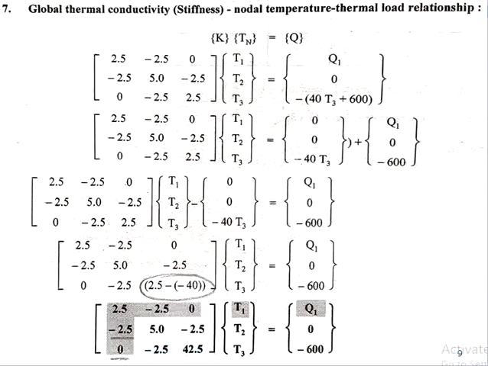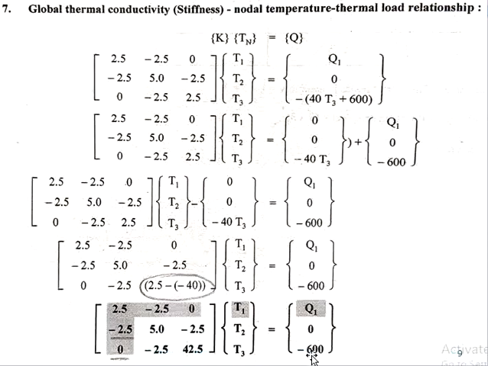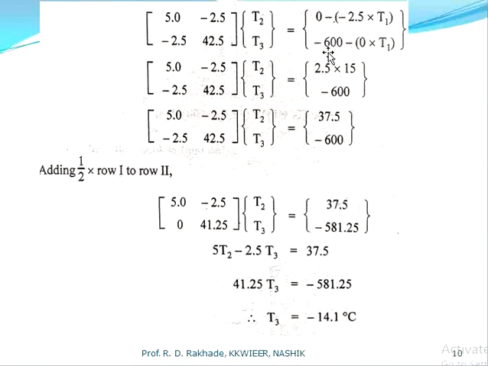Just in the second line, minus 2.5 into T1, this product is deducted from this 0 value. So 0 minus minus 2.5 into T1. Similarly, from minus 600, minus 0 into T1.